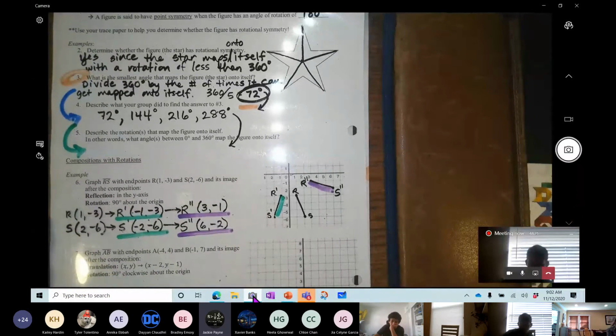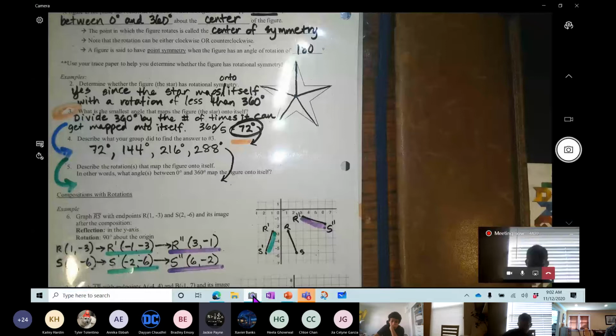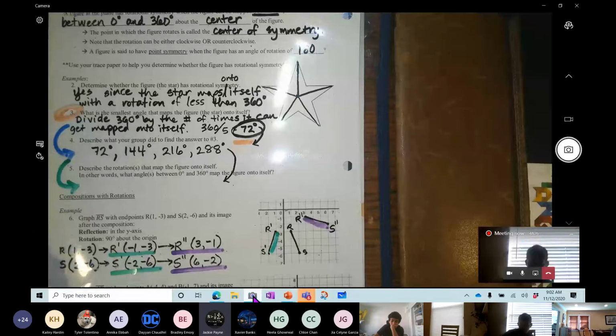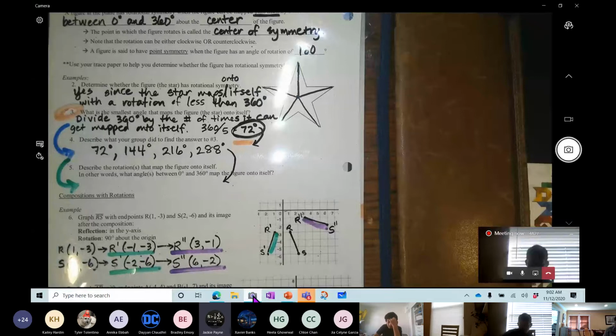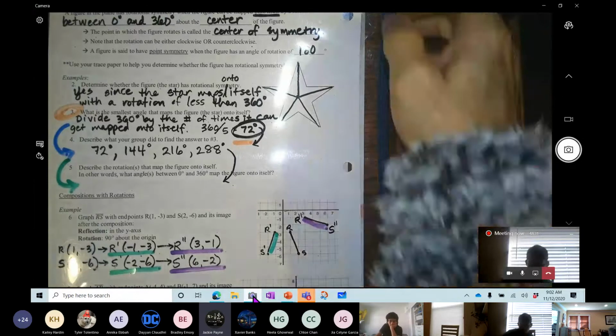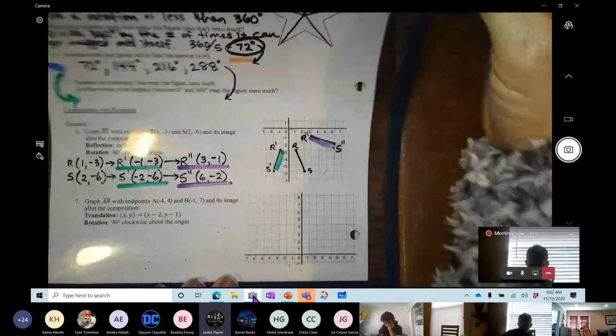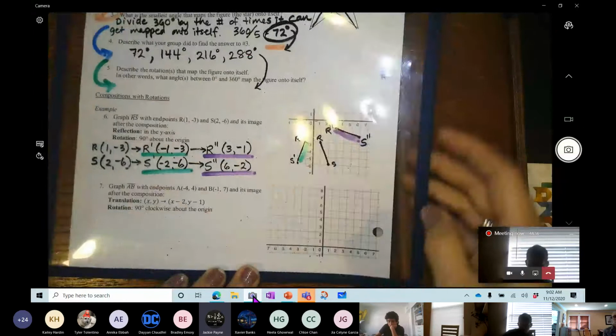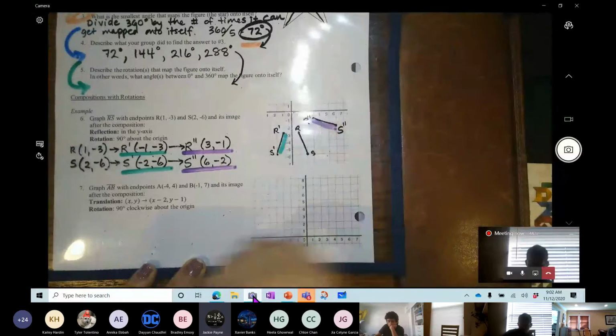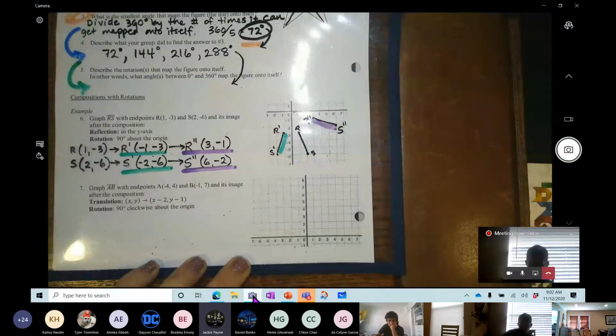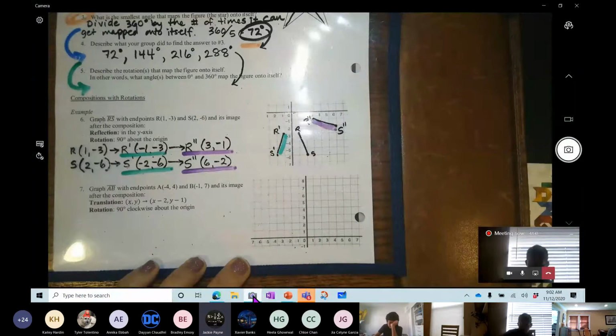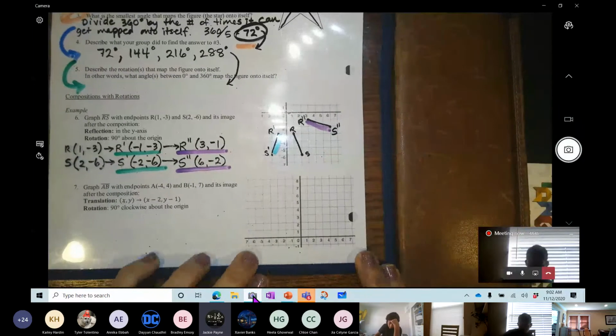I am not gifted this way. Okay, so we have one more example. And here it is. Graph AB with endpoints A -4, 4, and B -1, 7, and its image.